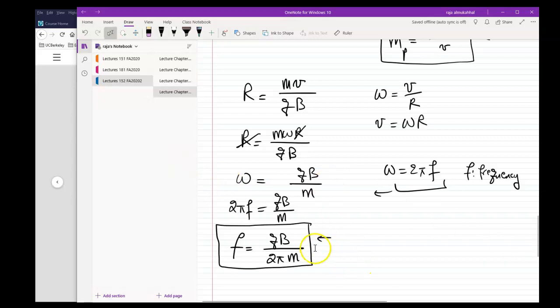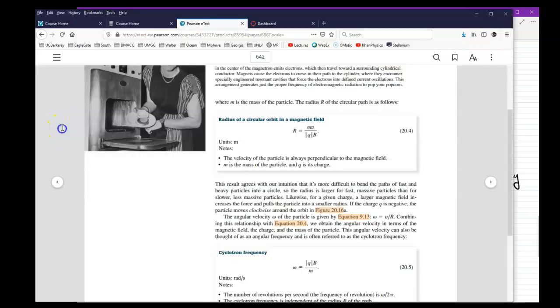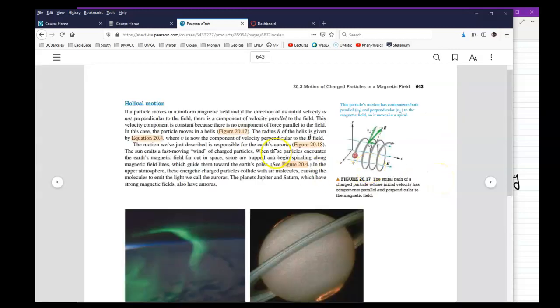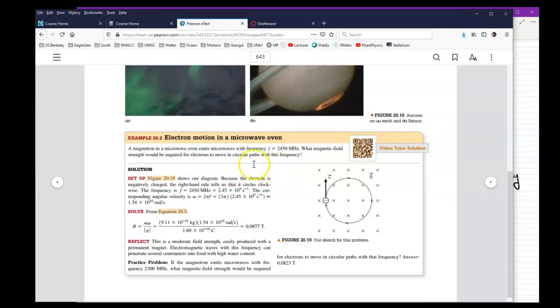Let me show it to you, where we will be using this formula. Let's go to it. In this example, it says a magnetron in a microwave. This is like a little device in the microwave. A magnetron in a microwave oven emits microwaves with frequency 2,450 megahertz.